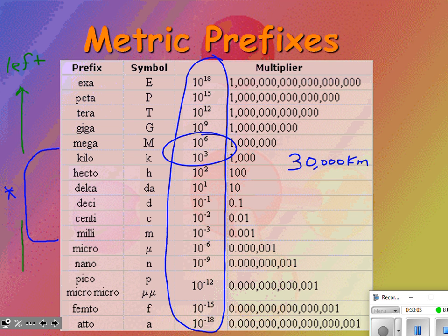If I'm going down on my scale, I move the decimal to the right. So if I am converting 30,000 kilometers into megameters, I'm going to jump it 3 to the left. So 30,000 kilometers is equal to 30 megameters.